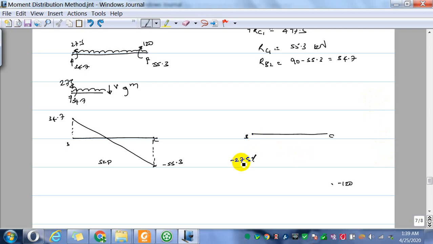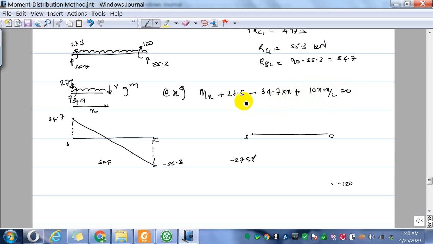In this case it's minus 27.5. If I derive the bending moment diagram equation at x, taking moments counterclockwise: Mx plus 27.5 minus 34.7 into x, plus 10x into x by 2 is 0.